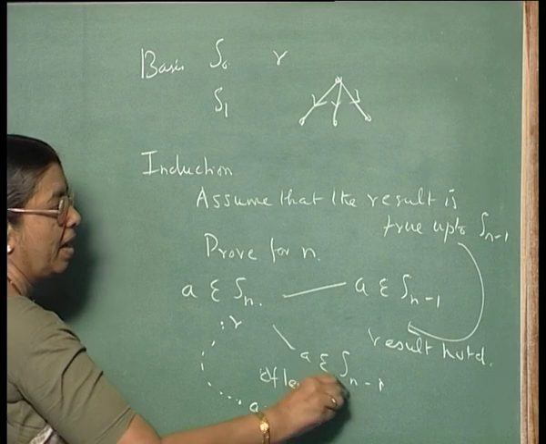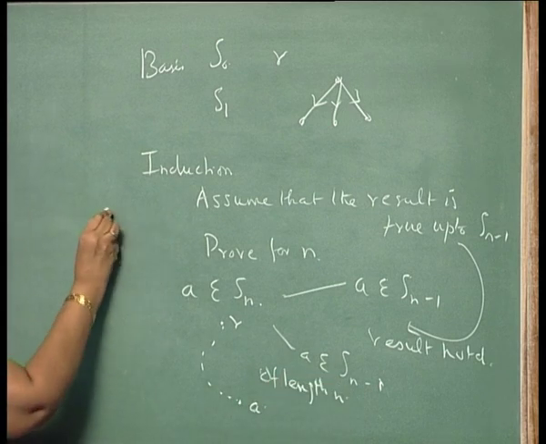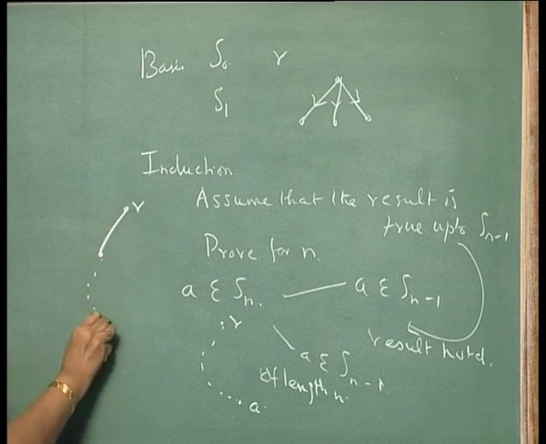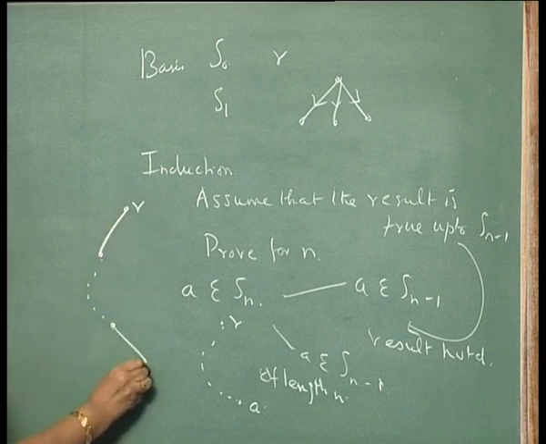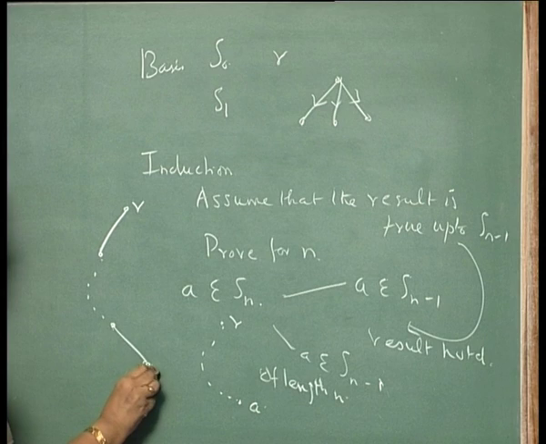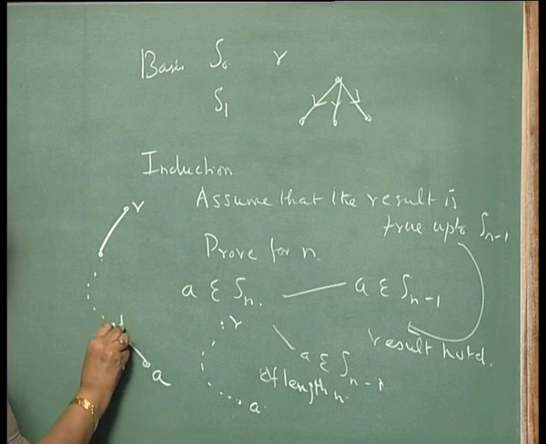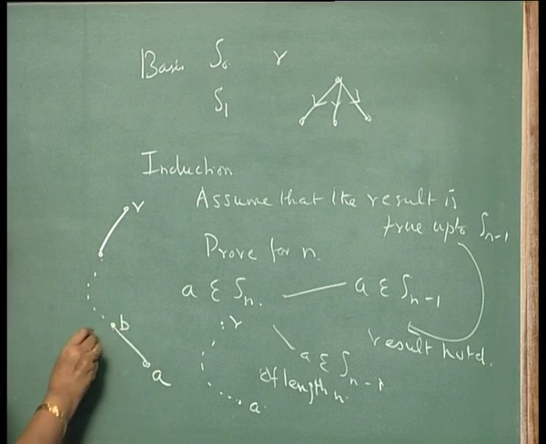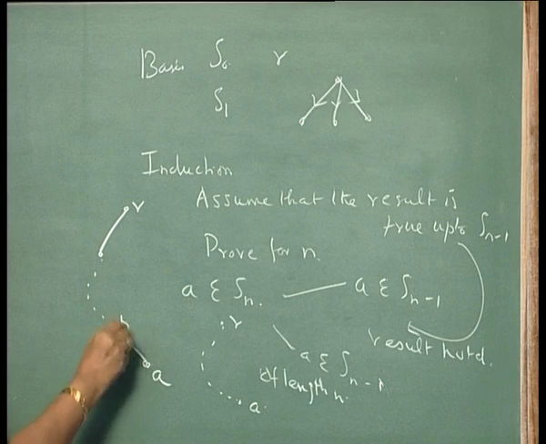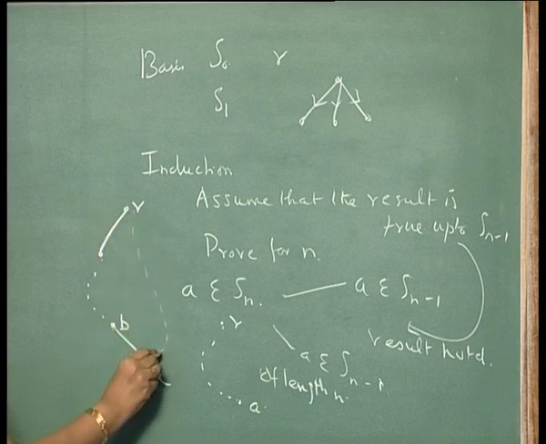That means there is a path like this, root to some node and then to this node. This is A, and some node B. This path is of length n minus 1 and from B to A you have an arc. Suppose this path is not unique, there can be another path.